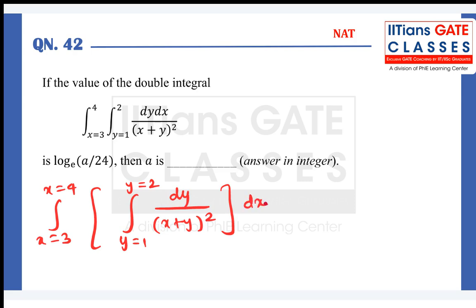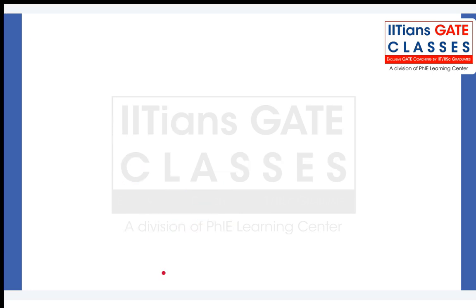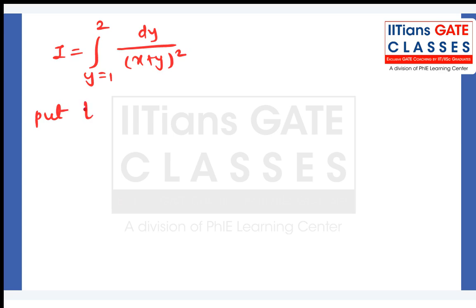We'll do it with respect to y first, and then we'll put it in as a second integral with respect to x. So let's solve for I, where y goes from 1 to 2, dy over x plus y square.